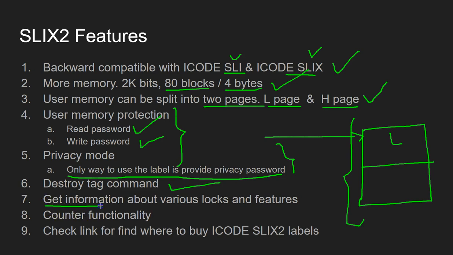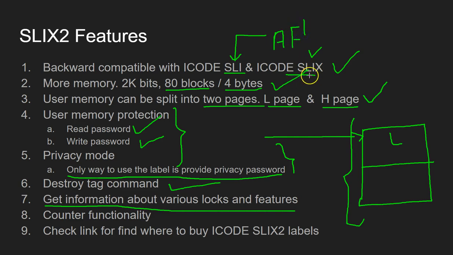Now this is something interesting as well. You can get information about various locks and features. If you remember in SLI and SLIX, it's very difficult, or you just cannot know whether the AFI is locked or whether any feature is locked.